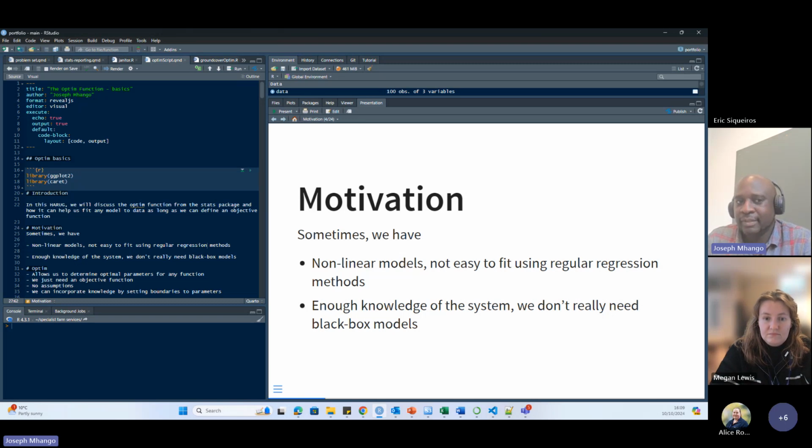But sometimes that just doesn't work. Sometimes you have nonlinear models where you know this is how things grow or behave, but you don't really know how to put that as a formula into your linear regression model in R.